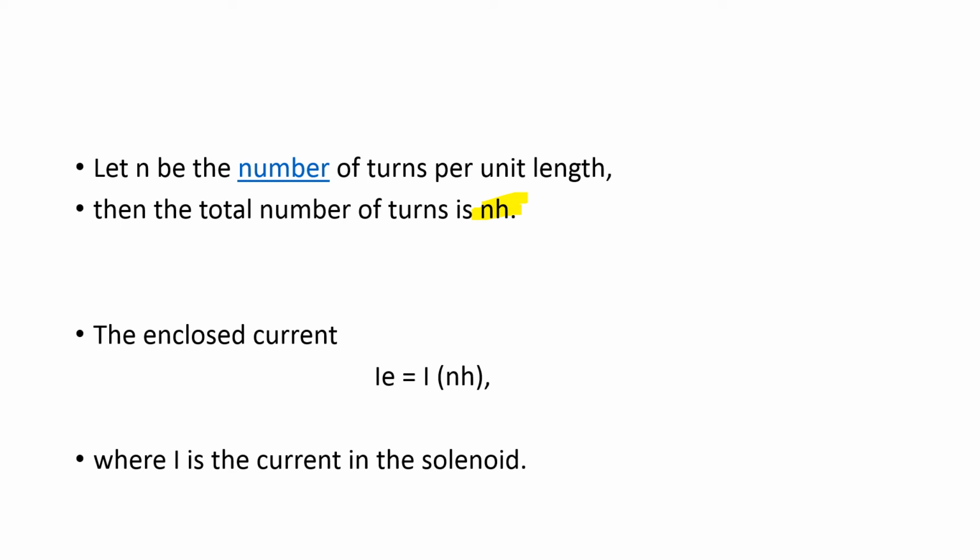The enclosed current can be written as I times nh. I is the current in the solenoid and the total current will be I nh.